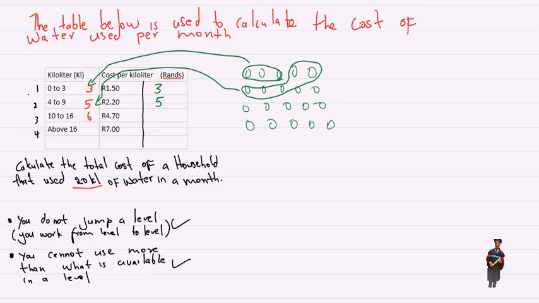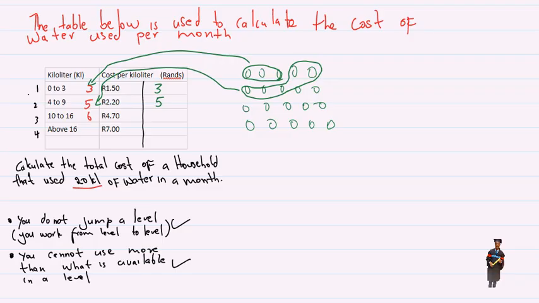And as we are going to level 3, remember, you do not jump a level. We started from level 1, level 2. Now we are going to level 3. And my question is, are we able to use all these 12 kiloliters that we are left with in level 3? The answer is no. We are not able to use all these 12 kiloliters because level 3 only allows us to use 6 kiloliters.